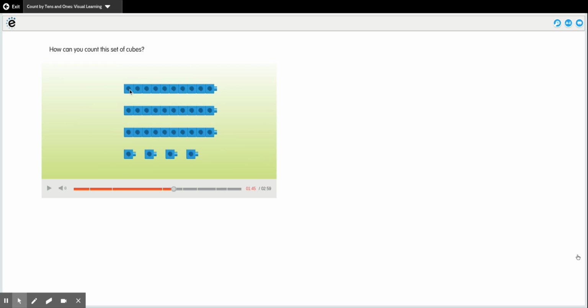Let's try it again. Count with me. 10, 20, 30, 31, 32, 33, 34. Count them by tens. 10, 20, 30. How can you count the cubes that are left?